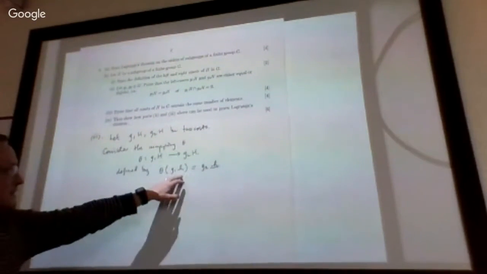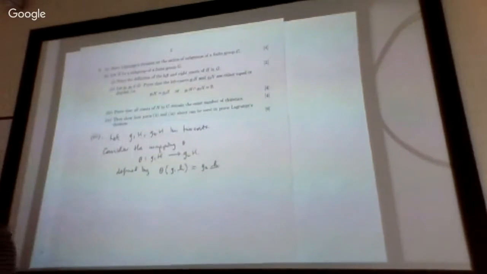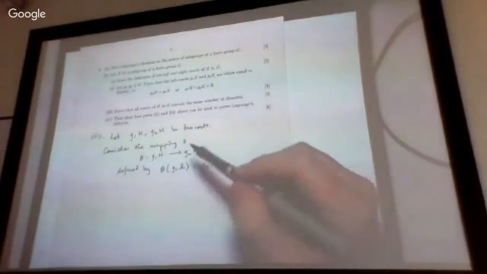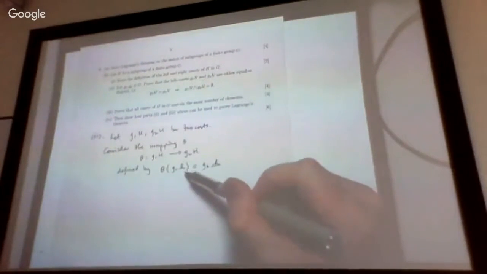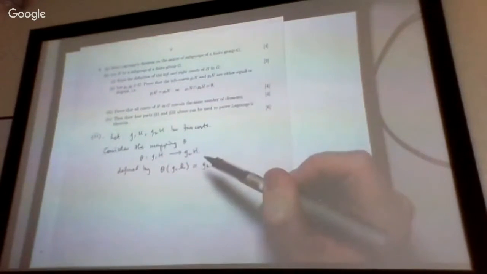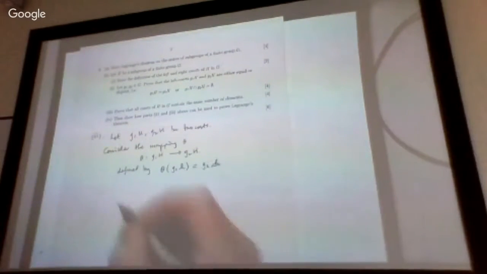You could quibble and say, how do I know that this choice of h is unique? Because mappings have to be uniquely defined.